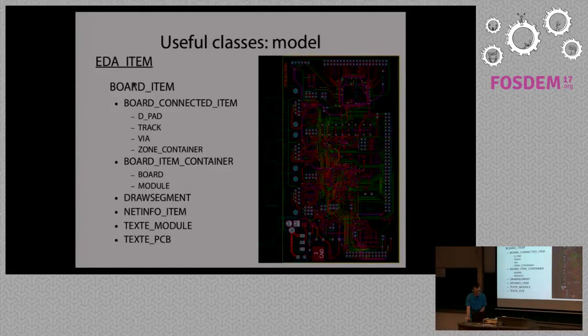There's the base class board item, and then, well, most of the classes are, I think, self-explanatory. You have pads, tracks, vias, zones. Well, maybe net info item is not a clear thing, but it's a data structure that holds information about nets. So you can check their name or net code. Probably you will also need that at some point.